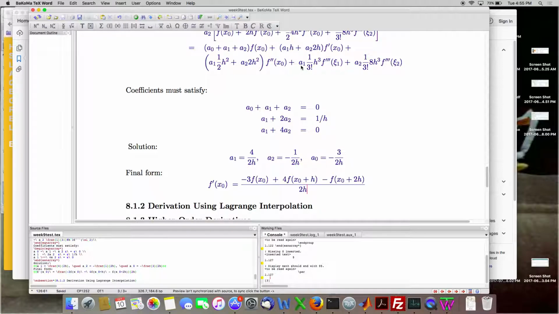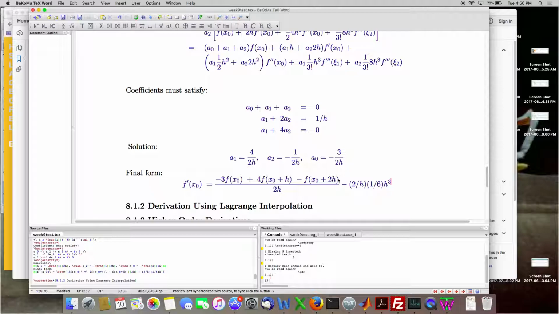And then if I take a1 and a2 and plug them in here, a1 is 2 over h. Because a1 and a2 have a 1 over h in them, I'm going to get h squared in these terms. In other words, the error is going to be of order h squared. So I'm going to have 2 over h, and then I have 1/6 because of a 3 factorial, h cubed.